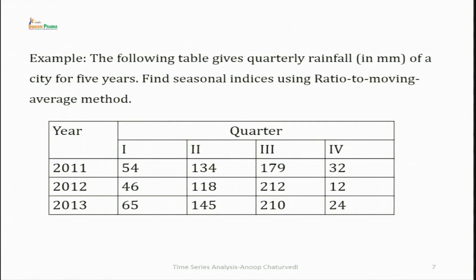We have quarterly data of rainfall in millimeter of a city, then find seasonal indices using the ratio to moving average method.